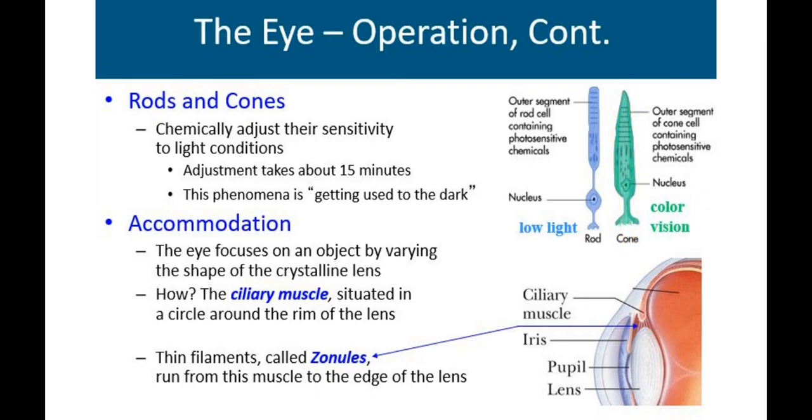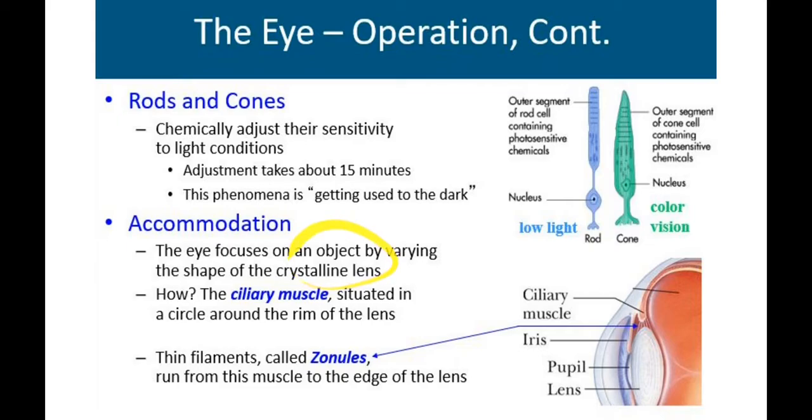Rods and cones adjust the sensitivity to light conditions, and the adjustment takes about 15 minutes when shifting from high light conditions to low light conditions. But in low light conditions we cannot distinguish colors well enough, so the image will not be so colorful.